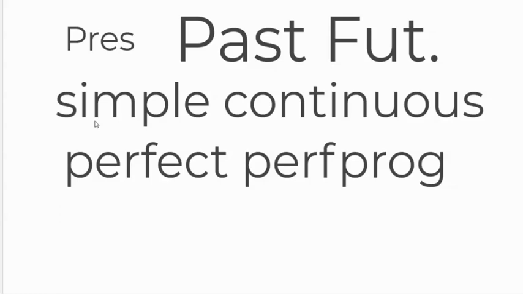So every verb tense, be it present, past, or future, is going to have a simple tense. So in that sense, we refer to it as simple present, or simple past, or simple future. I ate.